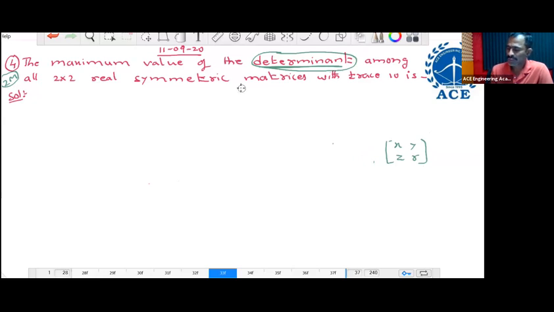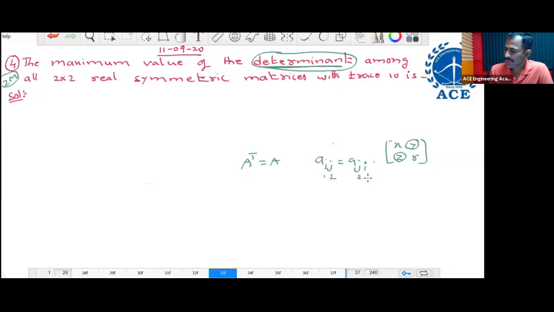The condition for a symmetric matrix is Aij equal to Aji, that is, the i,j-th element equal to the j,i-th element, or A transpose equal to A. This is A12, this is A21. These two should be the same.